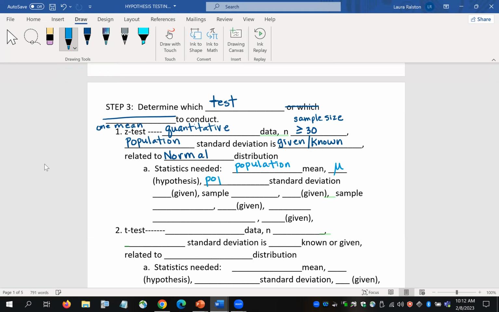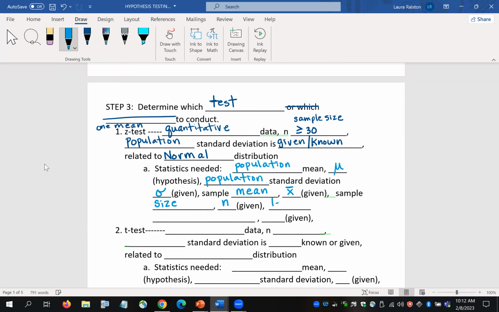You have to know the population standard deviation, which is sigma. That'll be given in this problem. You have to know the sample mean, which is X bar. It's given in the problem. You have to know the sample size, which is N, and that is given in the problem.